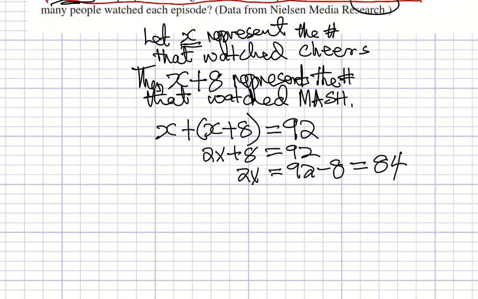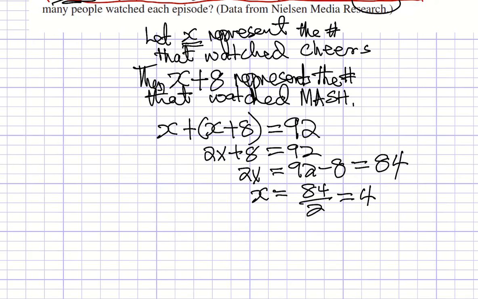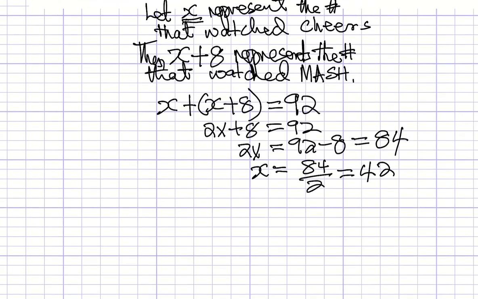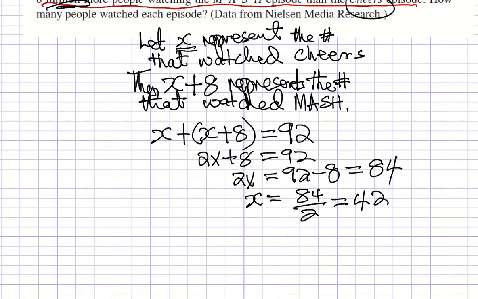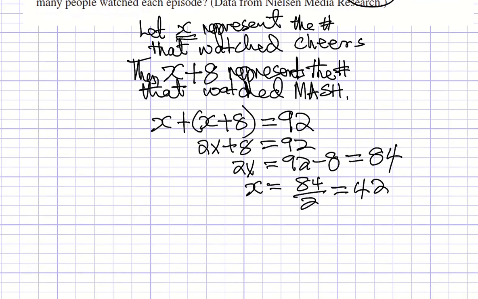Okay, and then you get rid of 2 with the x. You say x equals 84 over 2. That will give you 42. 84 divided by 2 is 42. So once you get the x representing the number of people that watched Cheers, then you plug it into that little equation there.